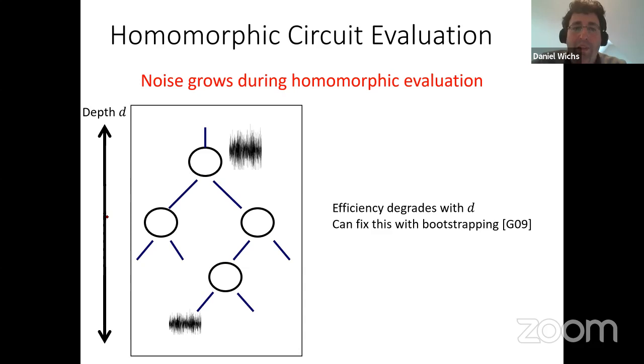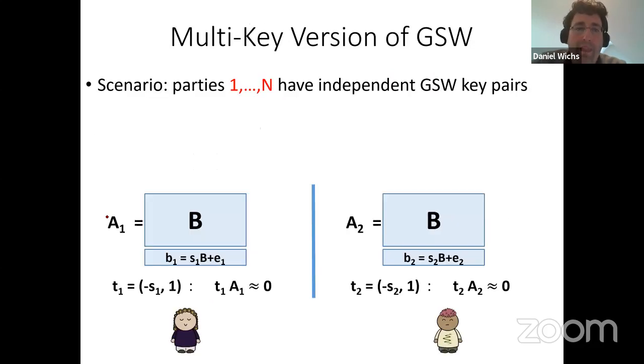So this is so far basic fully homomorphic encryption, and now we're going to see how to adapt this to get multi-key fully homomorphic encryption. We're going to try to stay as close to this GSW encryption scheme as possible, and just create a multi-key version of it.